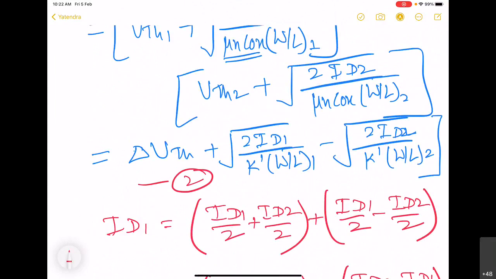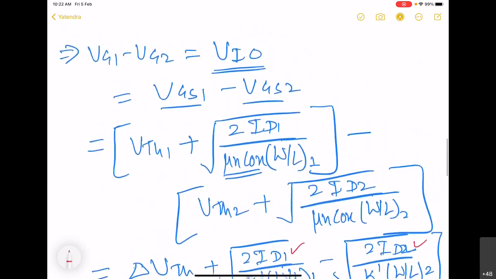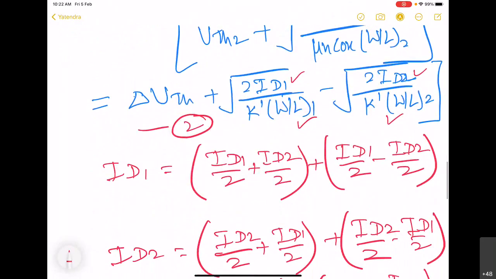So here we are going to substitute ID1, ID2, W by L1, W by L2 using that common mode and differential mode representation. So we wanted to know how much mismatch in these quantity leads to this VIO, the input DC offset.